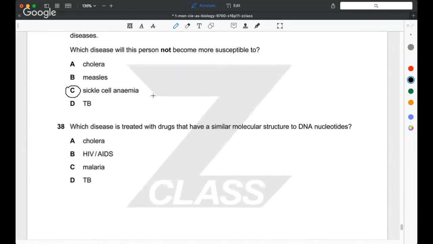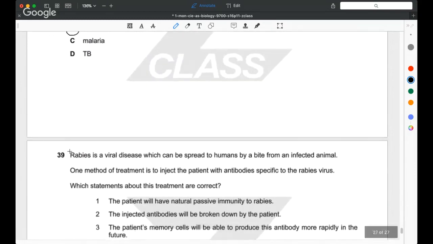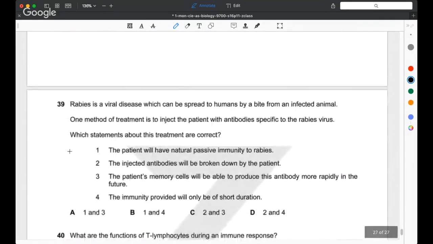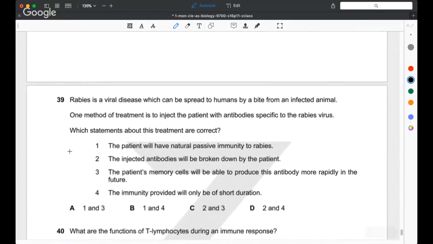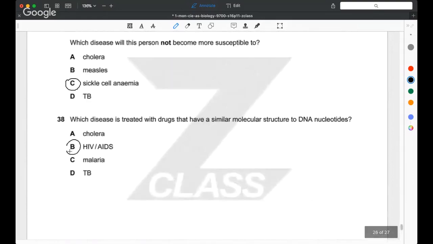Similarly, with HIV, AIDS is treated because you can treat that with nucleotides. Similarly, some questions about rabies again there. You just had to understand the kind of disease and the way it was treated.